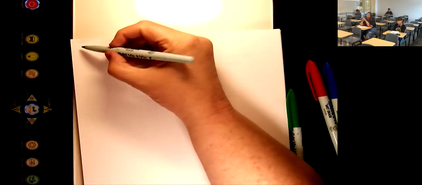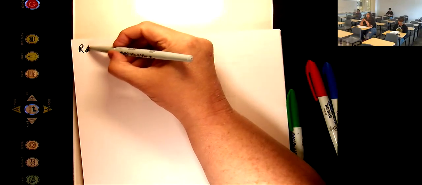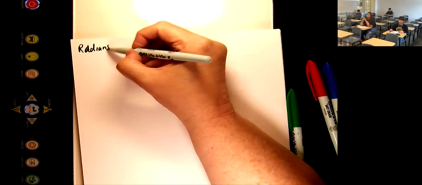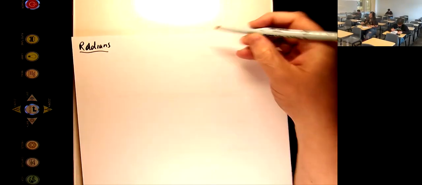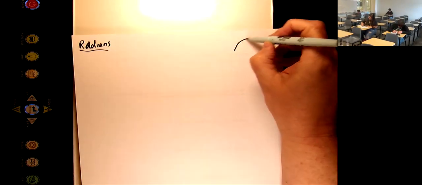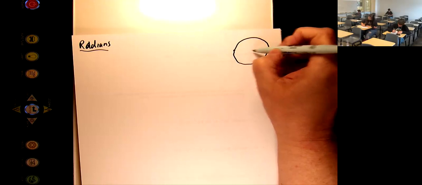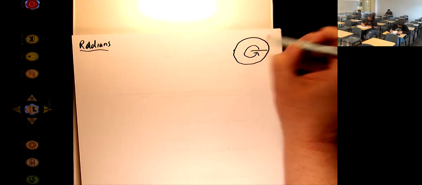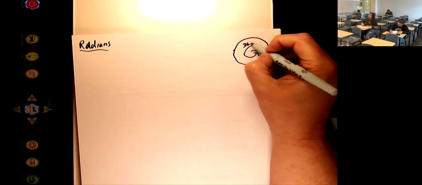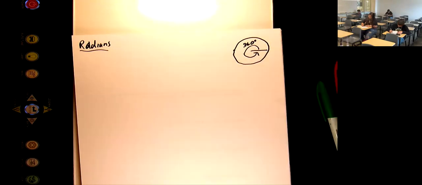All right, let's talk about radians. So in the past, we said if we made a full circle, this was 360 degrees. This was on Wednesday of last week, if you weren't here.